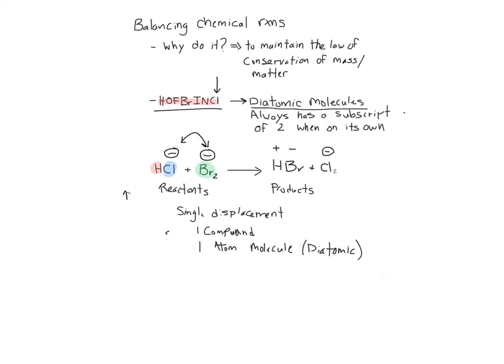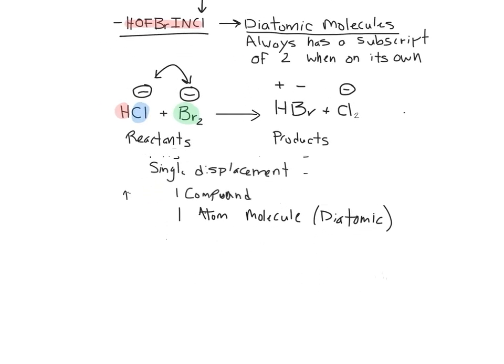The next important thing I want to talk about is a bit of terminology. So we've already talked about subscript, and that subscript tells us the number of atoms in that molecule. So in the case of Cl2, there are 2 chlorines.